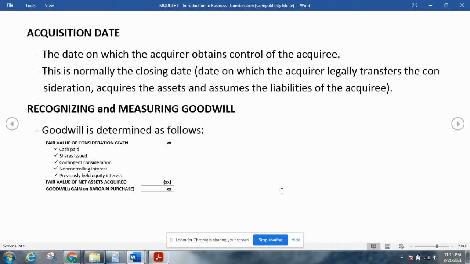If the fair value of the consideration is higher than the fair value of the net assets acquired, the acquirer will recognize goodwill. But if the fair value of the consideration given is lower than the fair value of the net assets, then the acquirer will recognize gain on bargain purchase.